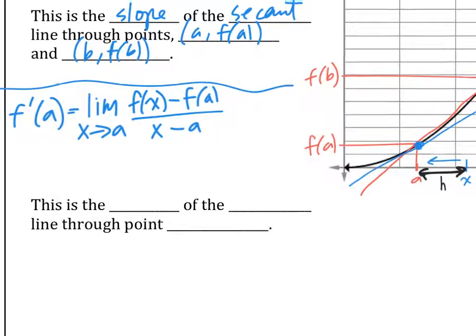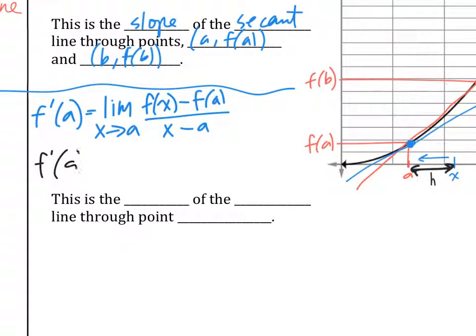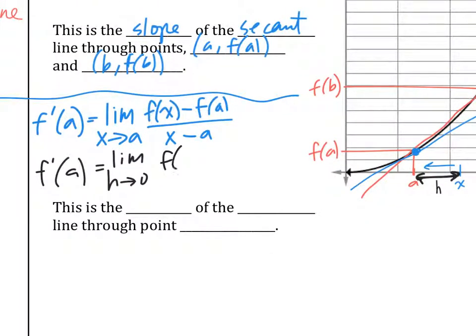So we would say f prime of A is equal to the limit as h goes to 0. Instead of x, it is the same thing as saying A plus h, right? The location of x is the same as A plus this space h. So this is saying f of A plus h minus f of A over h.